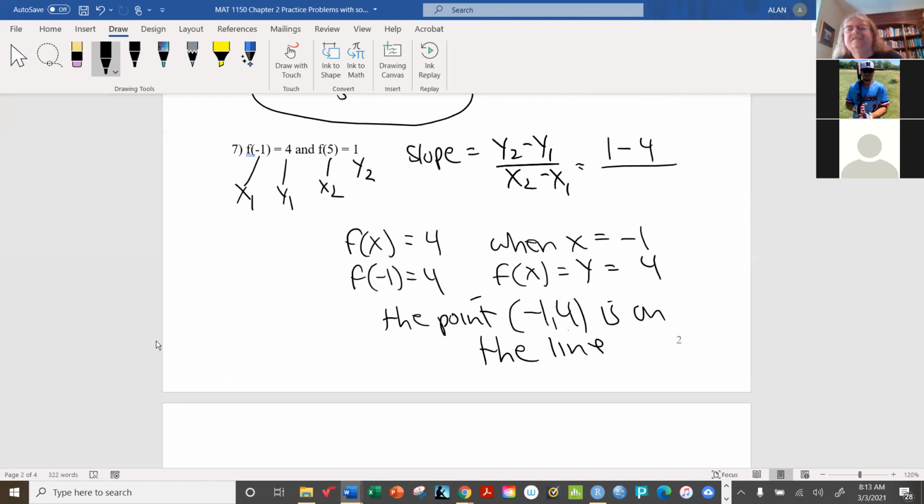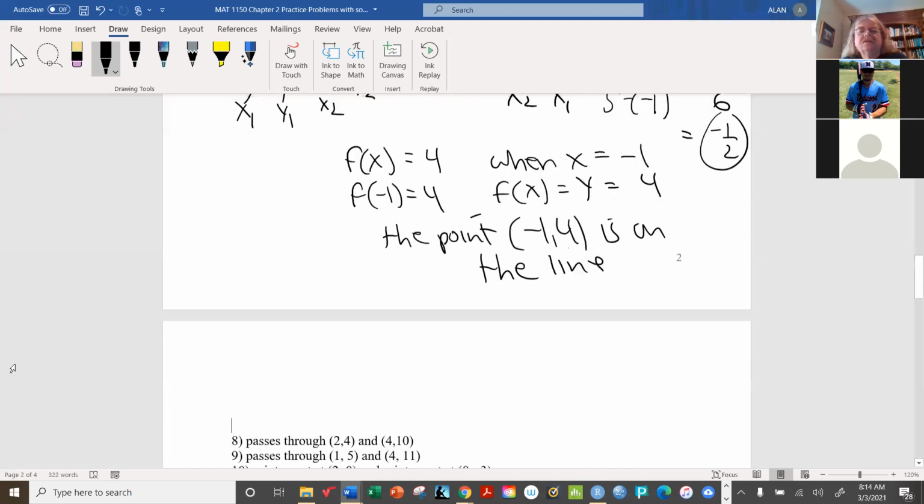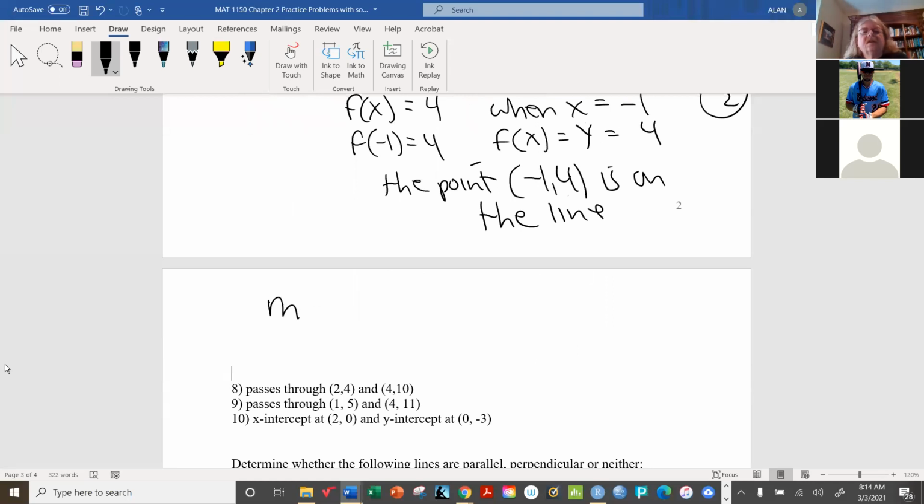Anyway, so then we have 1 minus 4 over 5 minus -1, which is -3 over +6, which is -1/2. And once we have that in place, we can use either approach to find the equation of the line.